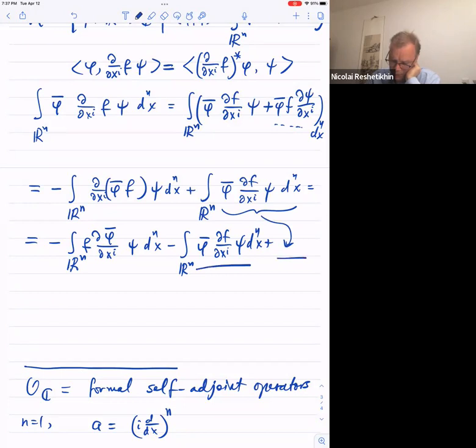And you see that this and this will kill each other. So the result is Rn, and here we have f bar minus ddxi. This we apply to phi, and then we do overall complex conjugation, dnx.